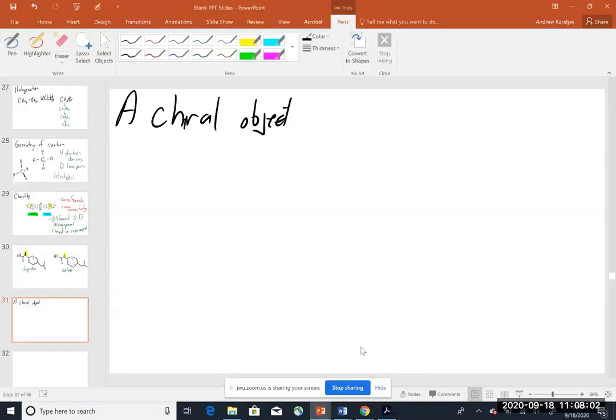Well, look at your hands. Are your hands mirror images of each other? If you put them up next to each other, we see that they are mirror images. But you can't superimpose one hand on top of the other. And so a chiral object, in fact, the word chiral is derived from the Greek word for hand.